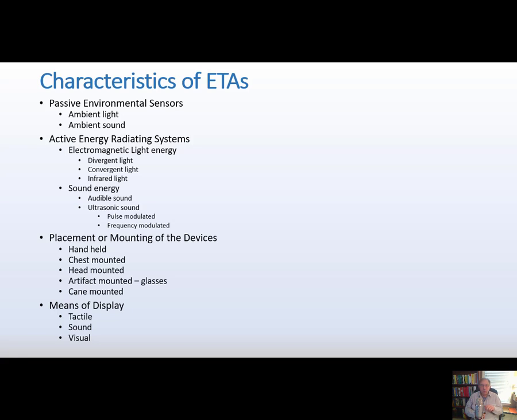Now, in addition to that, I want to talk a little bit about the placement of the devices, or how the devices are mounted or worn. So, for example, a good number of the devices are handheld, and the person can scan with them using their hand, holding the cane in the other hand. Others are chest mounted, where they are around the neck and on the chest and protect the chest and face level.